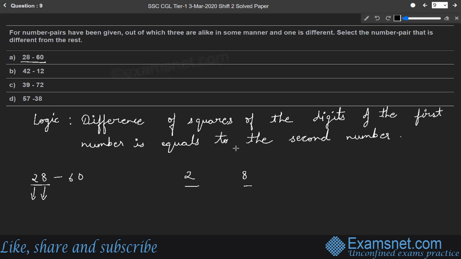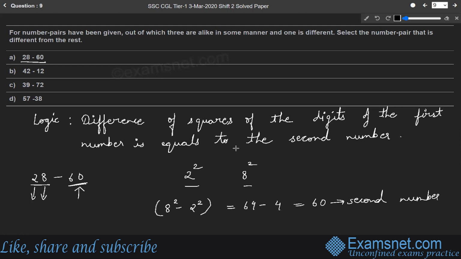So first we have to do the squares, 2 square and 8 square. Since we have to find the difference, it will be 8 square minus 2 square. Now, this should be equal to the second number, which is 60. So let us do it. 8 square is 64 minus 2 square is 4. So 64 minus 4 is 60, which is the second number. Therefore, the logic is absolutely correct.